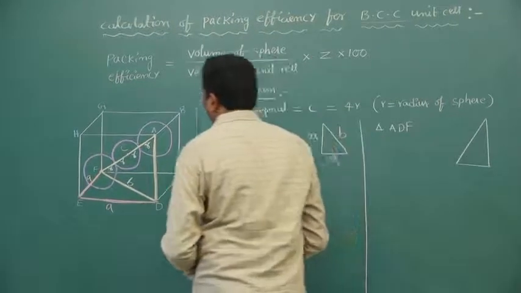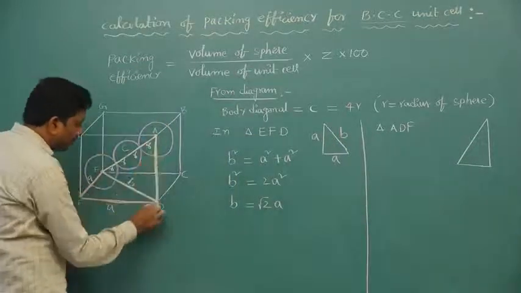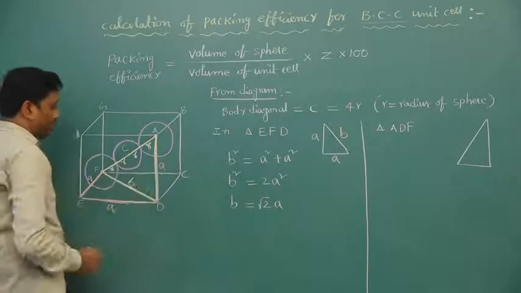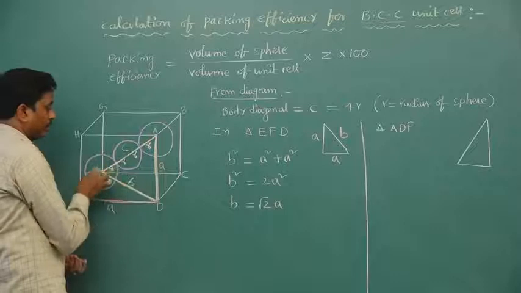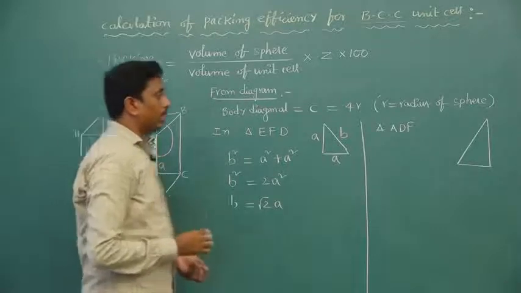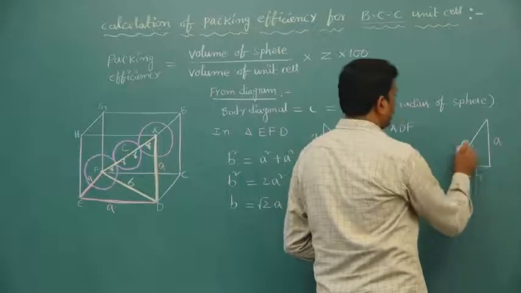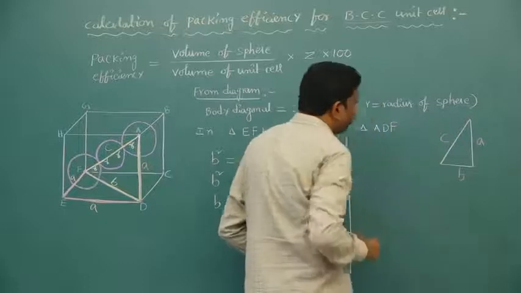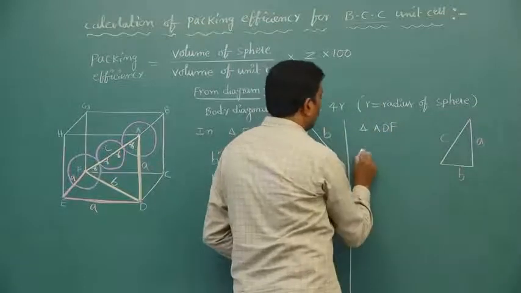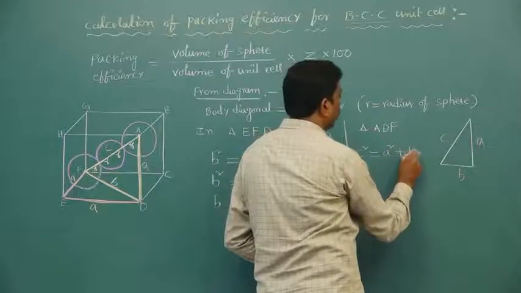In triangle ADF, this length is the edge length A, this is the face diagonal B, and this is C, the body diagonal. So A, B, C. Apply the Pythagoras rule: C square equals A square plus B square.